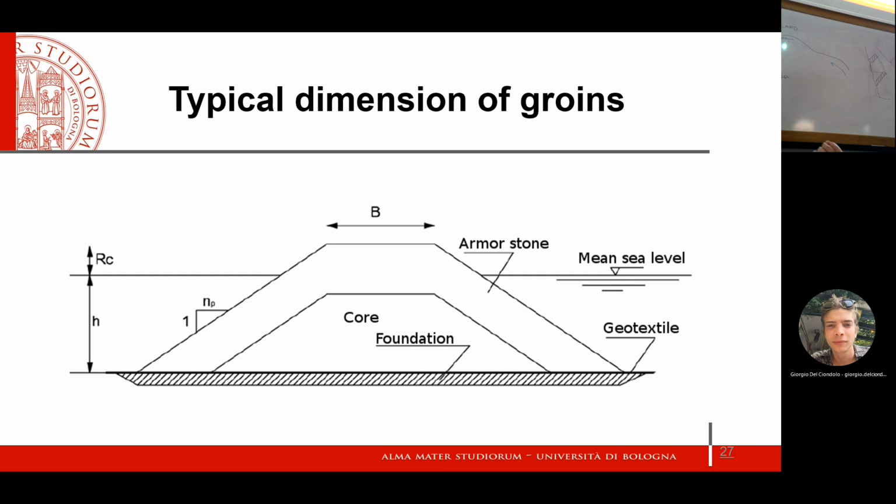So if you create big gradients of pressure, you understand that the water infiltrating into the body of the groin can circulate, can remove the sand where it can be freely reached, and then the structure is soon damaged.